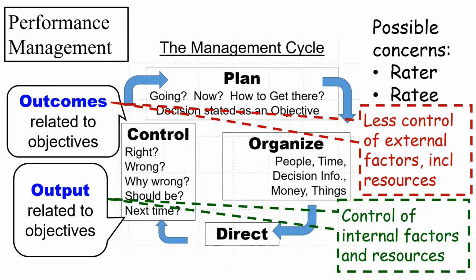But we don't control external factors, including selected resources. So output is not the same as outcomes, and that differentiation will be used as you work your way through the practical exercise number 8. So just remember we're going to be talking both output and outcomes as part of our performance management discussions. Thought you'd like to know.